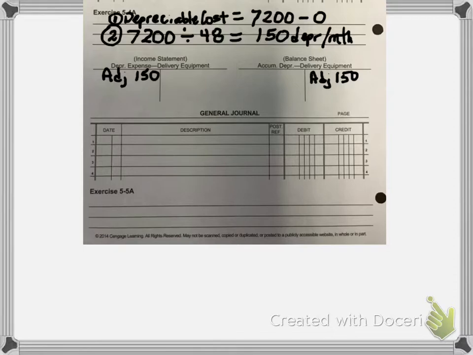Okay, once you've used the T accounts to analyze, then of course we have to enter the adjustment in the journal. So you're going to write adjusting entries on the first line. The date of our adjustment, last day of the period. So for this problem, it is December 31st.